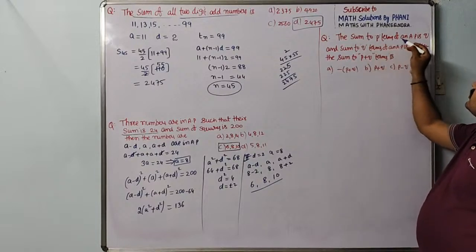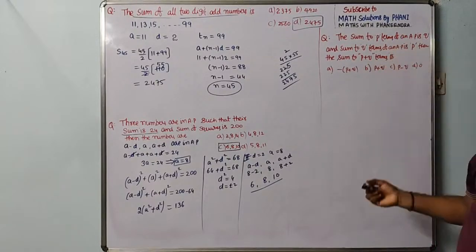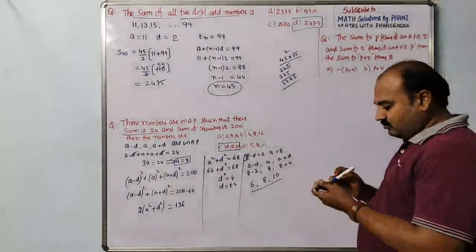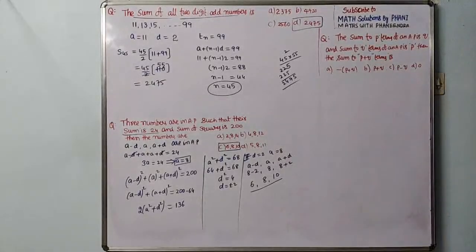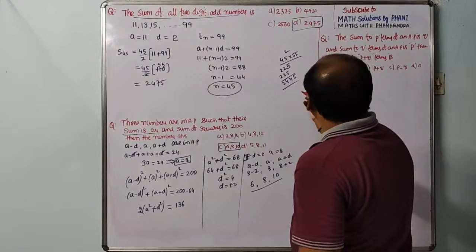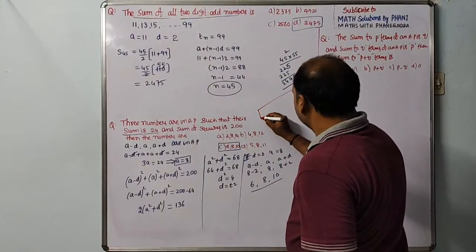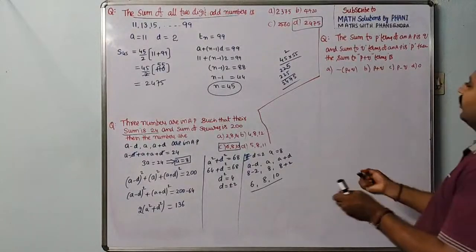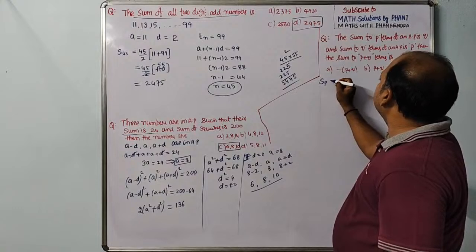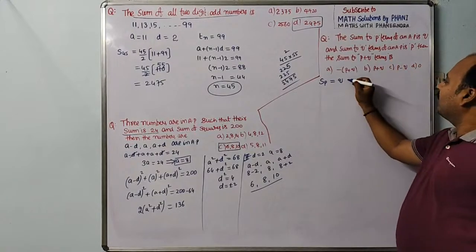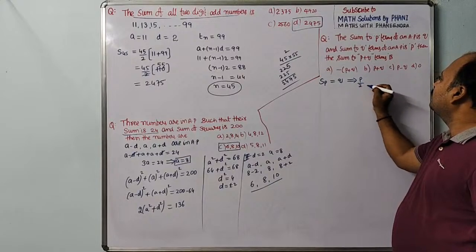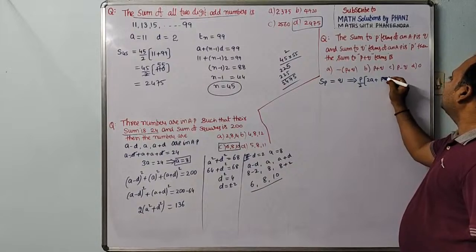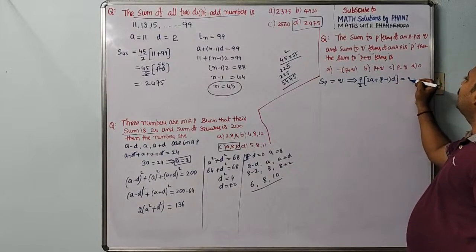The sum to p terms of an AP is q. Sum to p terms means Sp is equal to q. That implies Sp means p by 2 into 2a plus p minus 1 into d is equal to q.